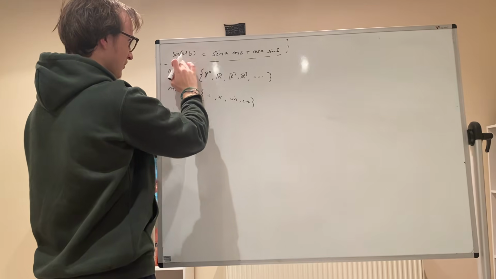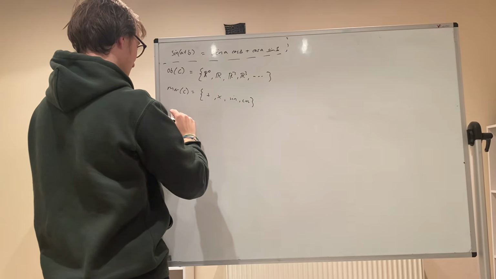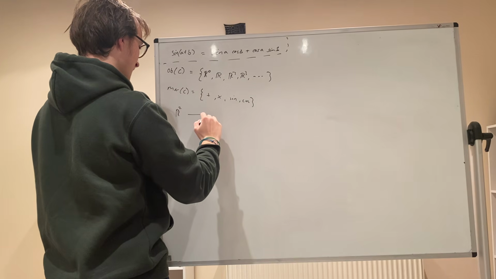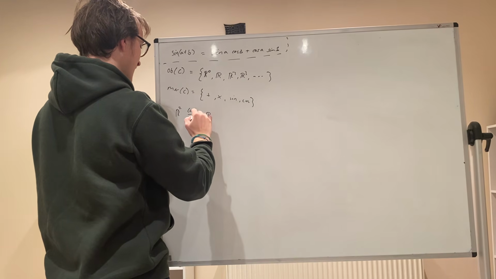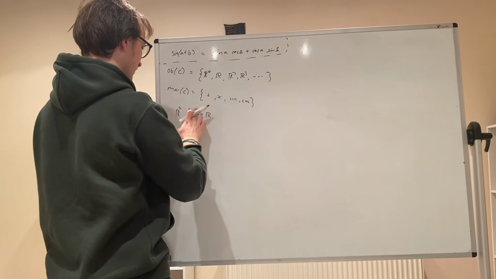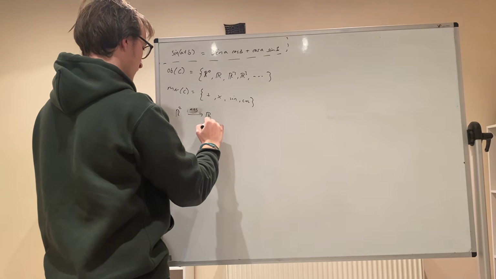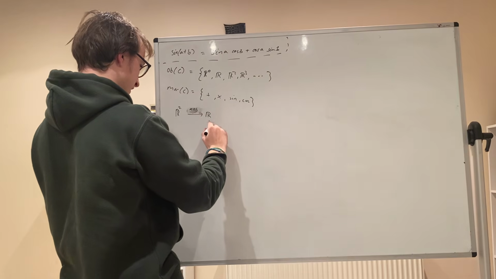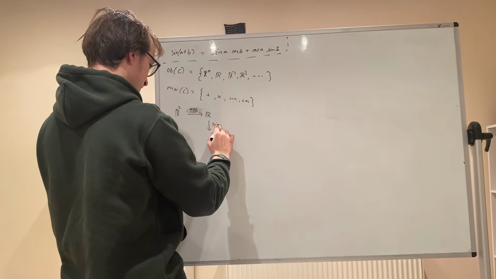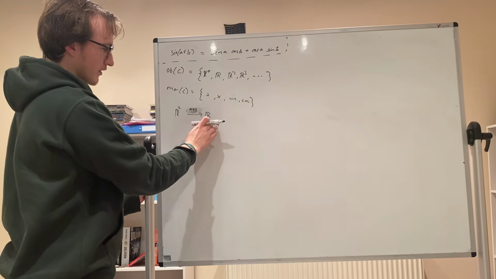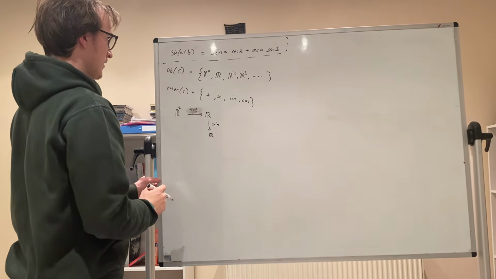So, okay, we need a plus b. Let's focus on this side first. We're starting with R^2, and we map to R. We'll send (a, b) to a plus b, so we just add the two elements, and then we do our morphism sine, and we end up in the real numbers. If you compose these two things, you get sine of a plus b.